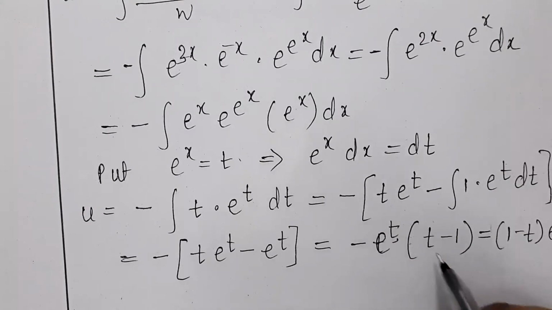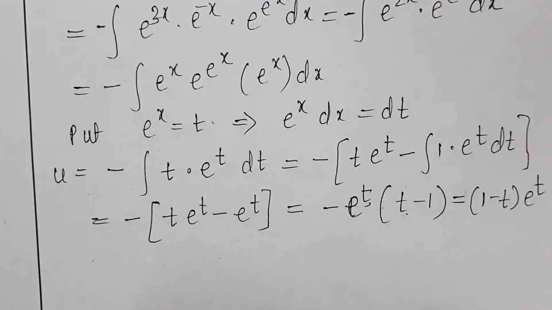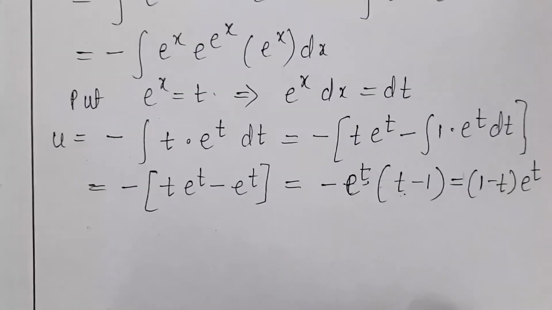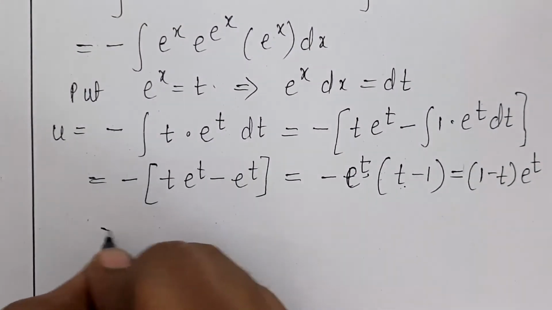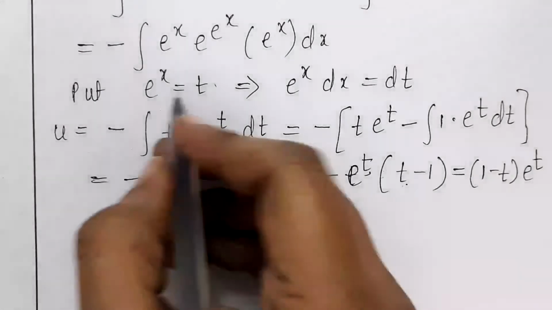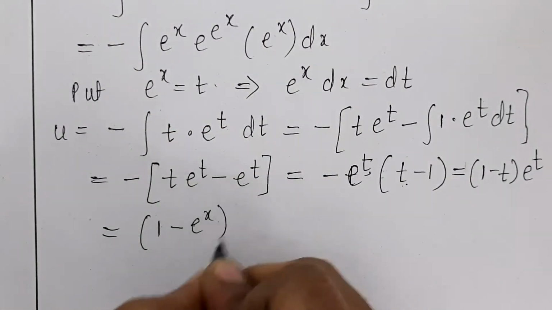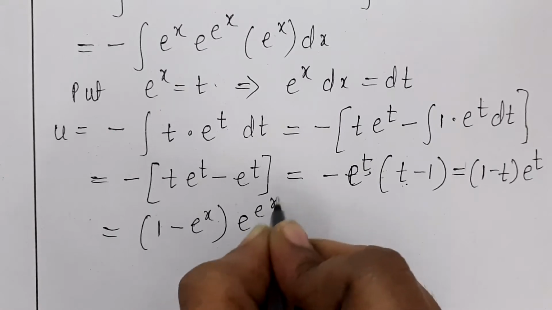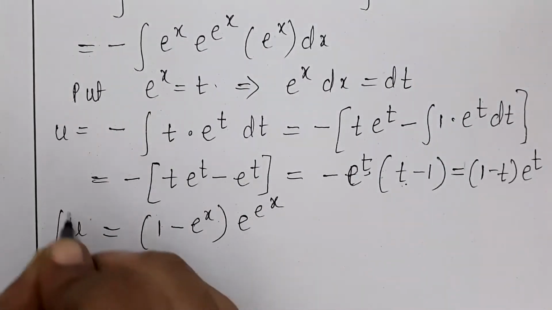I have taken this minus inside. So it is equal to (1 - t) e^t, t value is e^x, resubstitute the value: (1 - e^x) e^(e^x). This is the value of u.